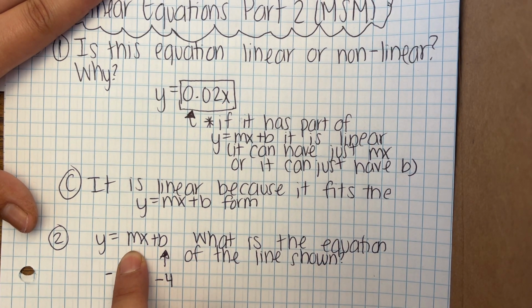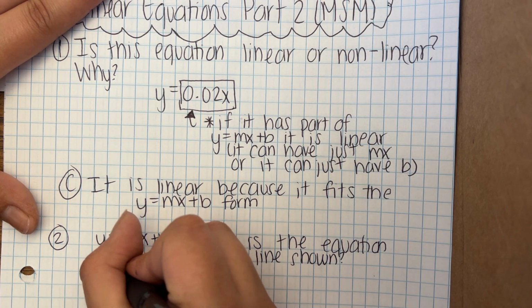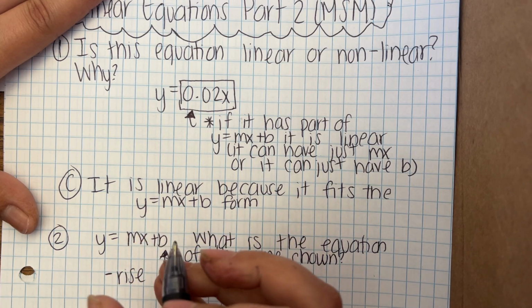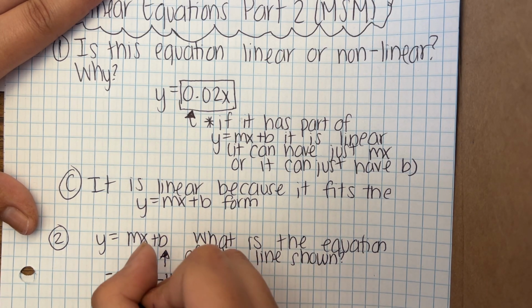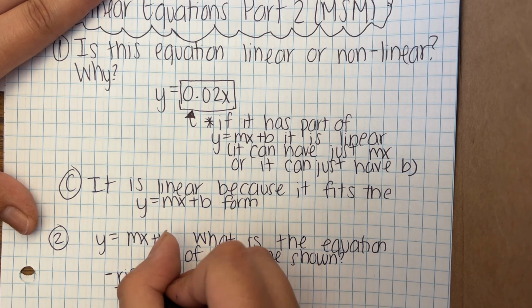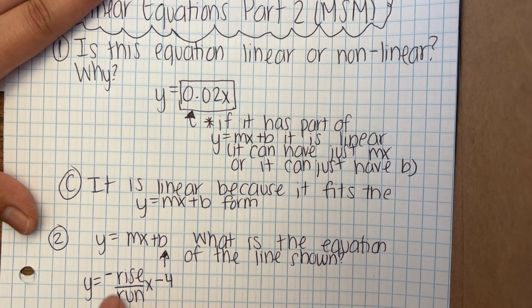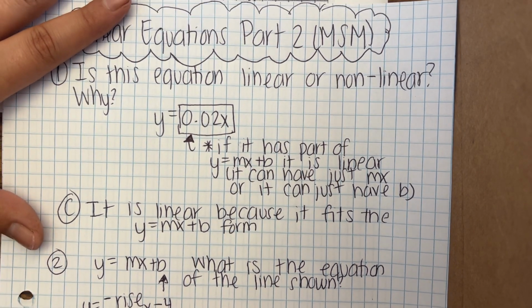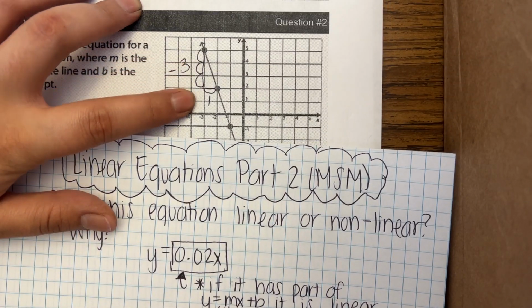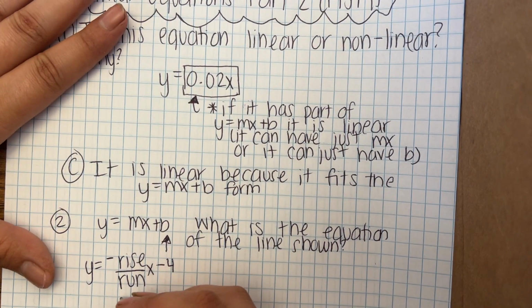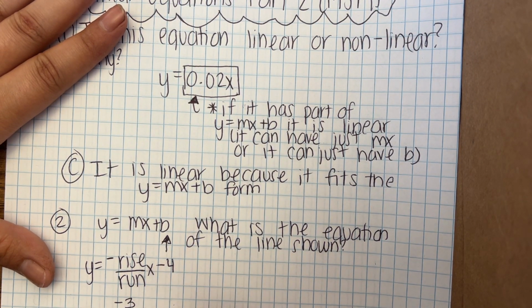And remember, my m is my rise, or in this case, how much it fell down, over my run. Okay. So I'm just going to put y equals rise over run, negative rise over run, x minus 4. Okay. So it went down 3. So it's going to be -3. And how much did it go over?